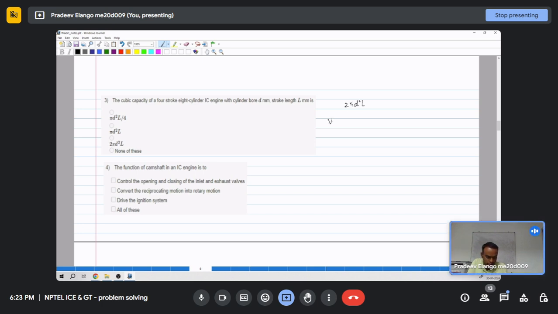If you take the displacement volume of one cylinder, it is pi by 4 d square L. Now we have 8 cylinders, so the total displacement volume of the engine is the number of cylinders times the volume of one cylinder. So the number of cylinders is 8, times pi by 4 d square L. So this is 2 pi d square L.